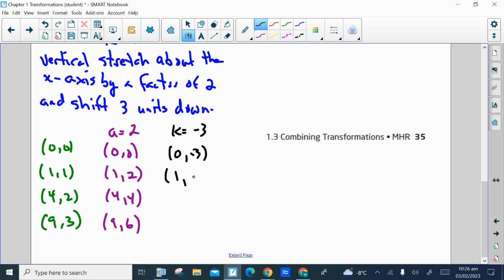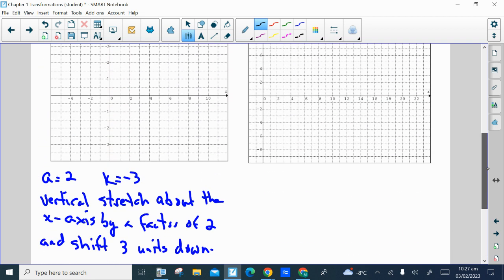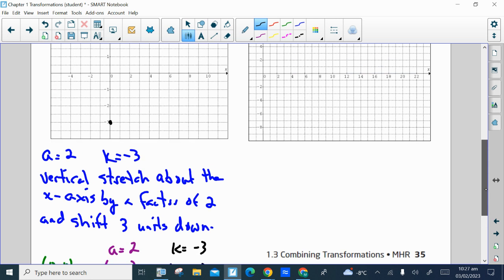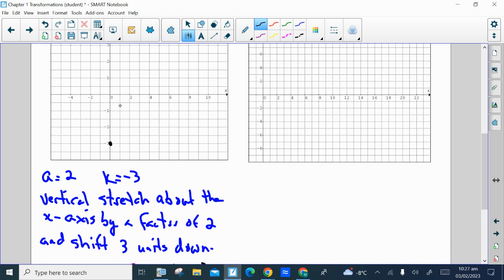So again, in this case, there will not be any invariant points. We're subtracting 3 from all the y values. So we've got the point 0, negative 3. Our next one is 1, negative 1.